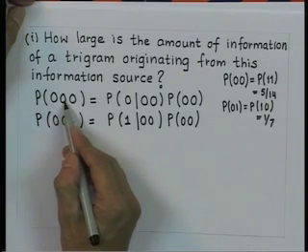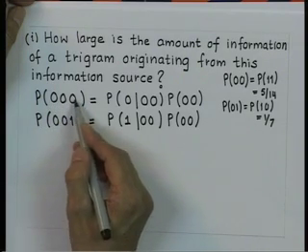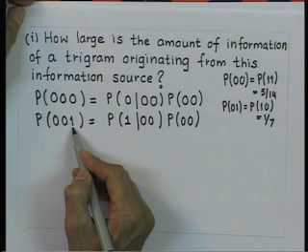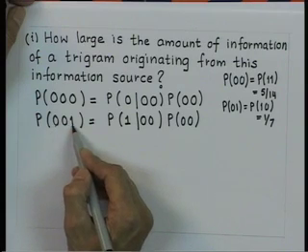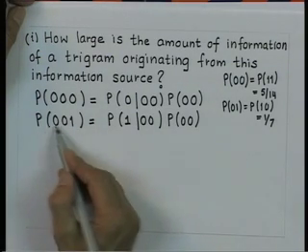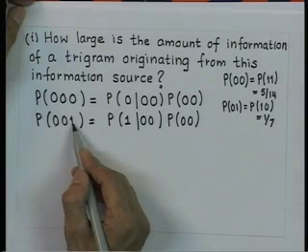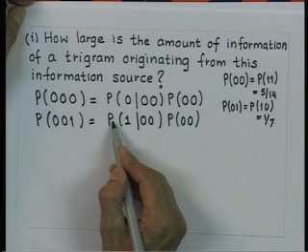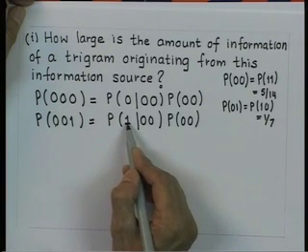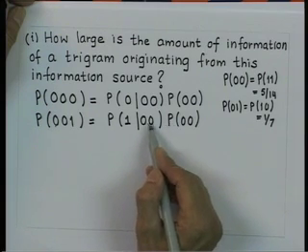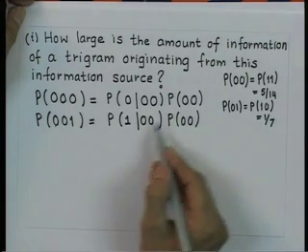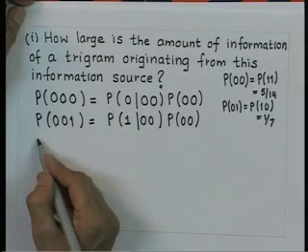When I am writing 0, 0, 0 and 0, 0, 1, I assume that this is the latest symbol and these are the previous symbols, so this is the furthest away from the latest symbol. So, to find the probability of 0, 0, 1, I have to find the transition probability of 1 given 0, 0 and the probability of being in the state 0, 0. So, I have to evaluate all these probabilities.